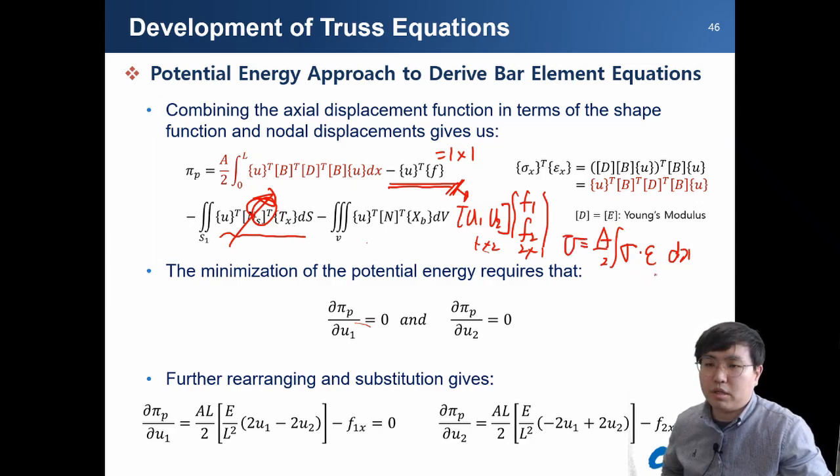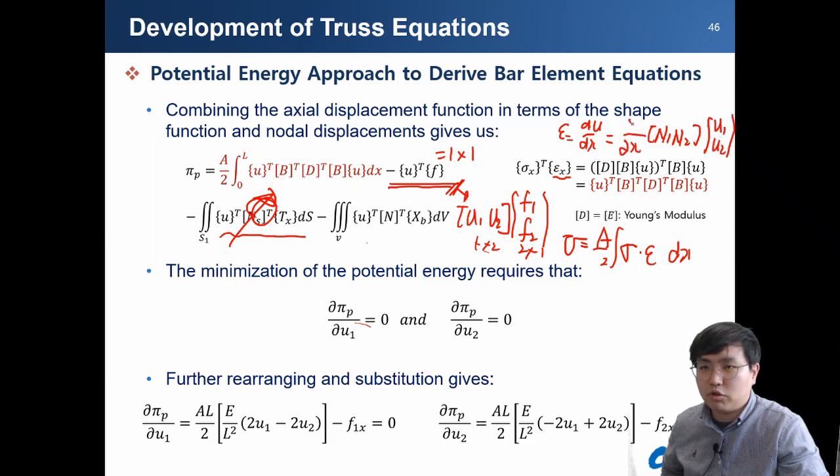However, let's go back to our previous slide. In the previous slide, strain is the derivative of the displacement function with respect to x. So in the previous slide, I said that U is expressed like this, and then we should take the derivative operation.